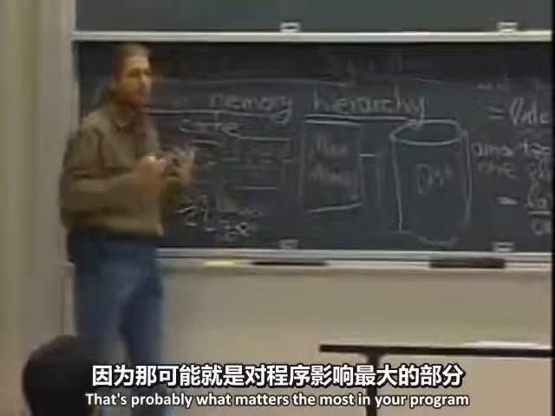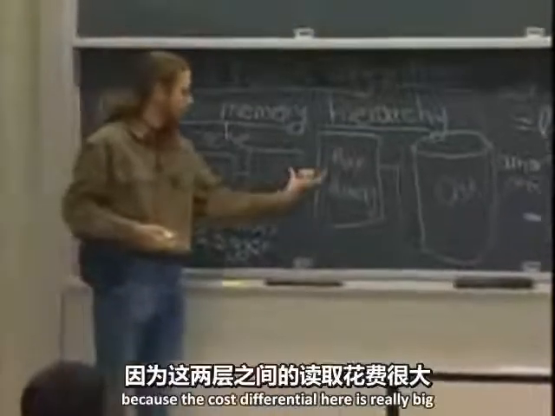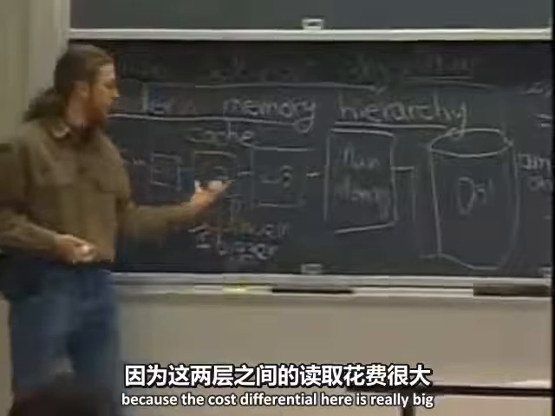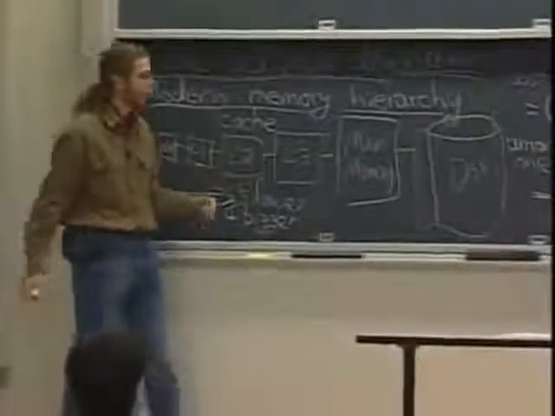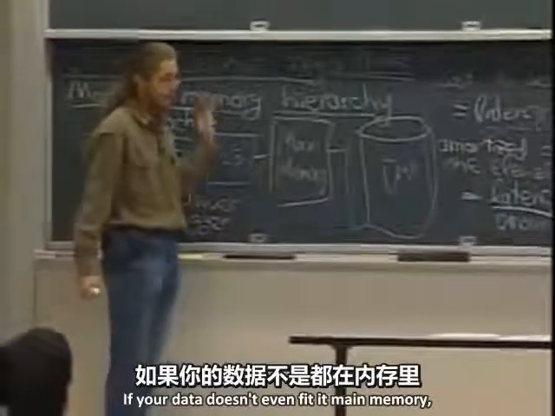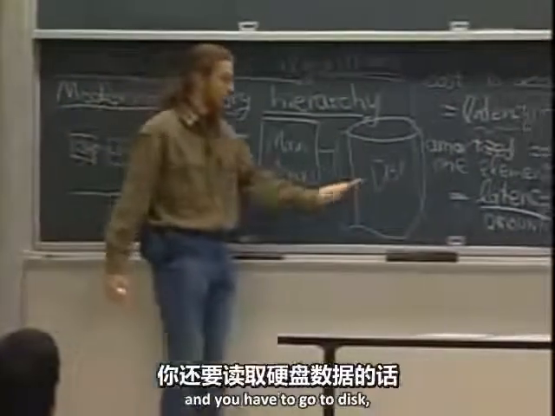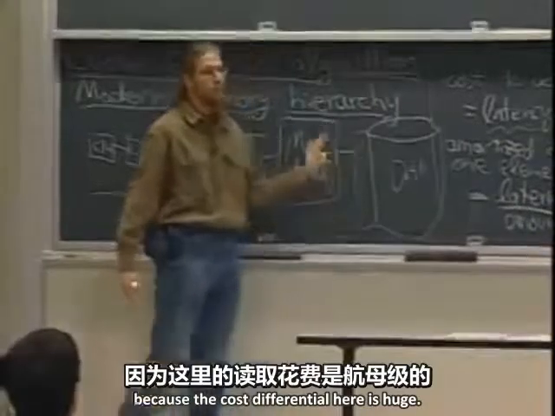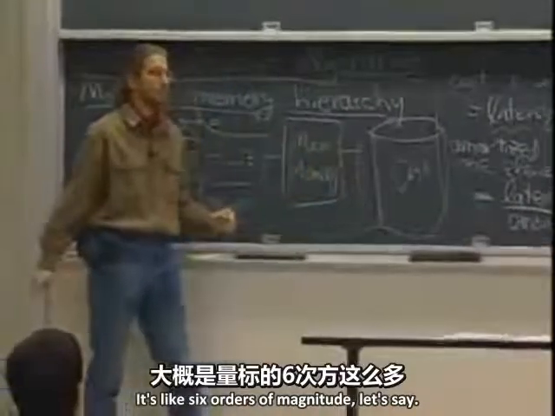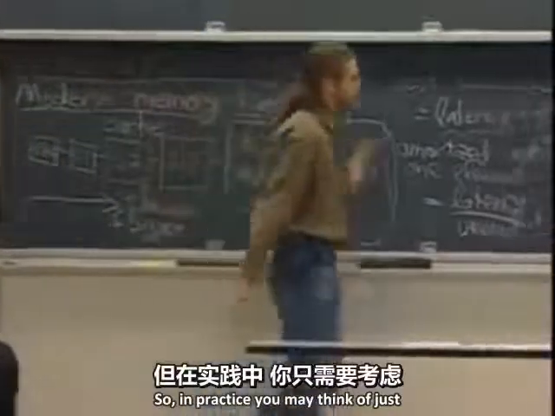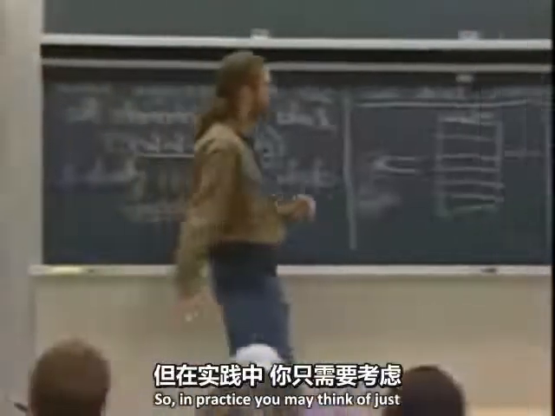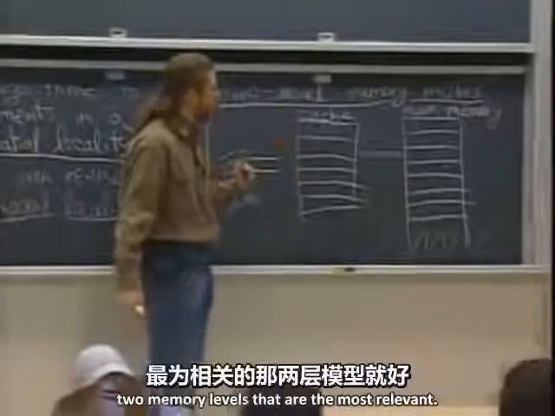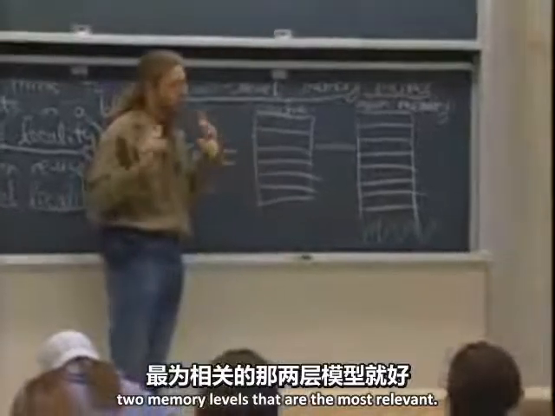That's probably what matters the most in your program, because the cost differential here is really big relative to the cost differential here. If your data doesn't even fit in main memory and you have to go to disk, then you really care about this level because the cost differential here is huge. It's like 6 orders of magnitude, let's say. So in practice, you may think of just two memory levels that are the most relevant.